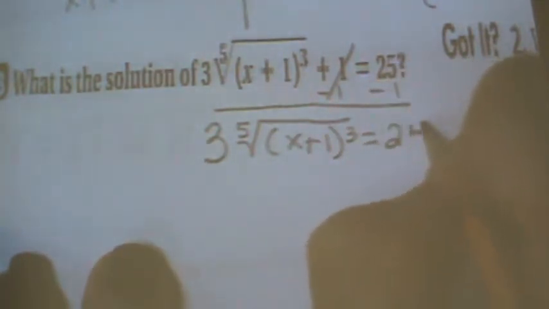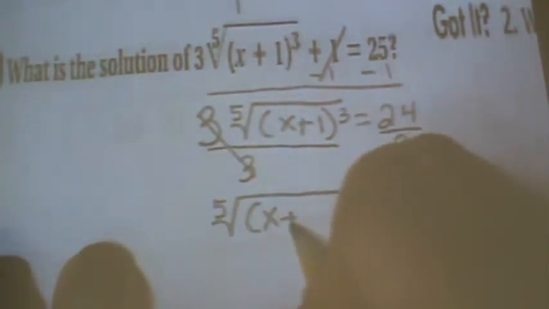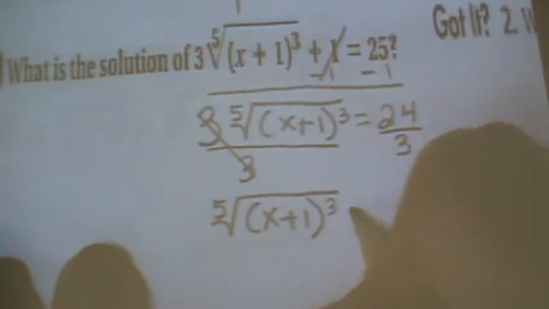So we have 24, and then divide by 3, what do you get? What do you get? Is everyone with me there? All right, now, how many of a kind do I need? I need 5.